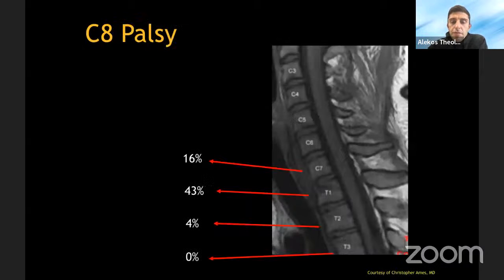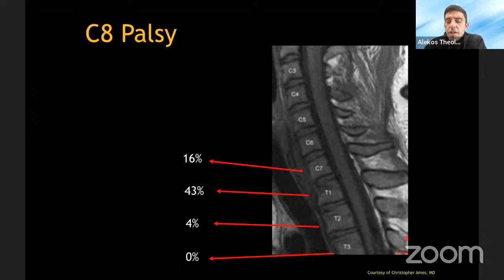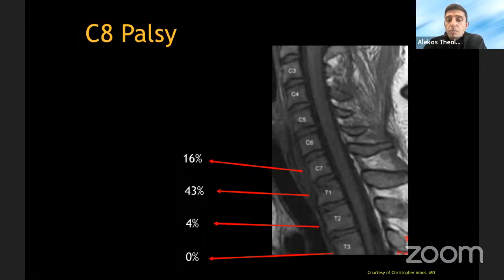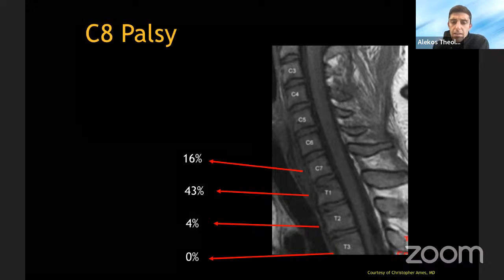I have to thank Dr. Ames for this slide. Initially, our experience was doing osteotomies at C7 or T1. However, doing osteotomies at those 2 levels results in very high rates of C8 palsies. You can imagine that it's extremely disabling to patients to essentially have a claw hand after surgery. So you can see here in this slide, 16% at C7, at T1 43%, and then at T2 and T3 that significantly drops off.